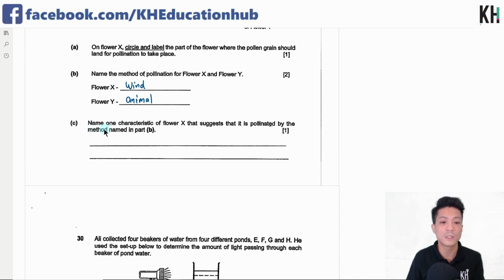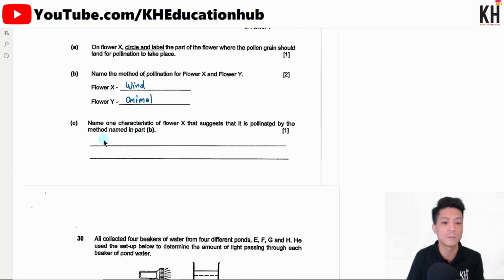Part C, name one characteristic of flower X that suggests that it is pollinated by the method named in part B. Just now I already mentioned a few, right?